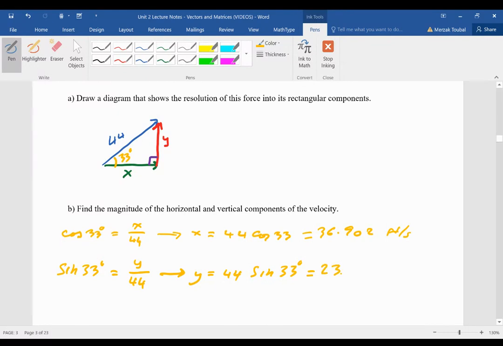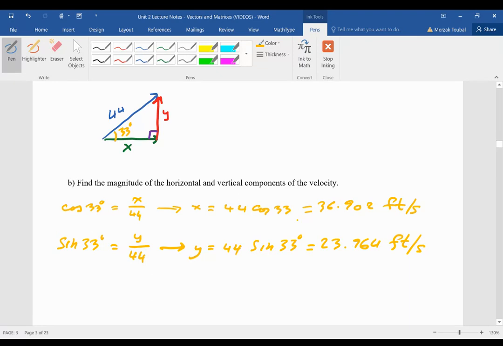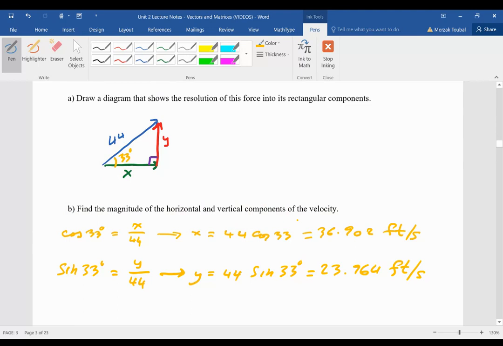That gave me 23.964 feet per second. Let me fix this. Feet per second. It's much better. All right. We did find both the magnitude of the horizontal component and the vertical component, and this is the end of this presentation. Thank you for watching.